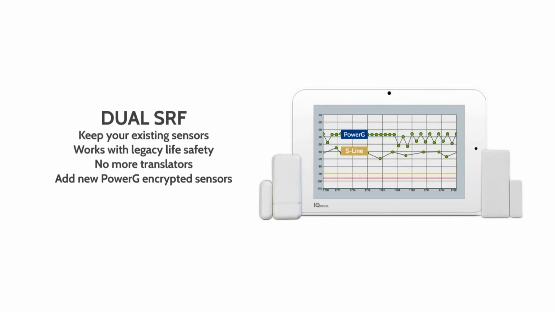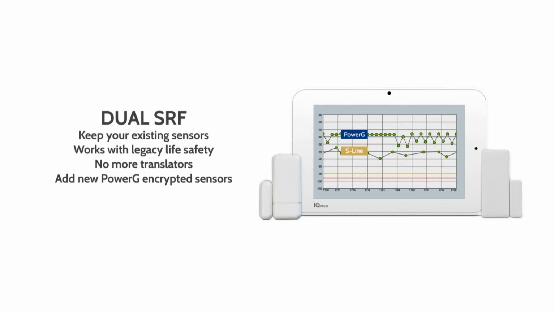Some of you have devices installed in homes that work on the 345 frequency, which is the frequency that Honeywell and 2 gig uses. Some of you have sensors installed on the 433 frequency. That's the frequency that DSC uses.